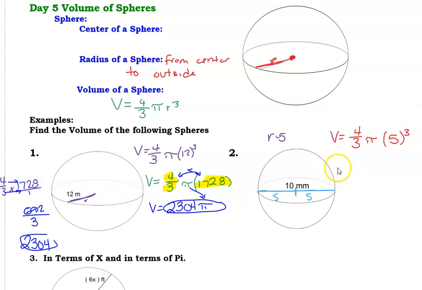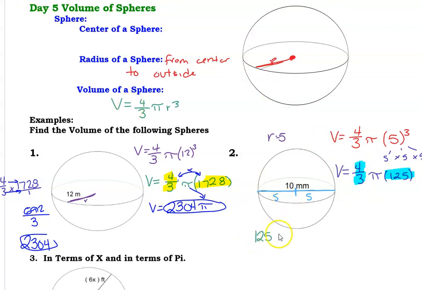Let's go ahead and simplify that. V is equal to 4/3 pi 5 cubed. Remember, cubing something is 5 times 5 times 5, 3 times. So 3 5s multiplied together. 5 times 5 times 5 is 125. So that's that. Now I'm going to multiply my two whole numbers together again, just to get that simplified. So the 4/3 and the 125, multiply those together.